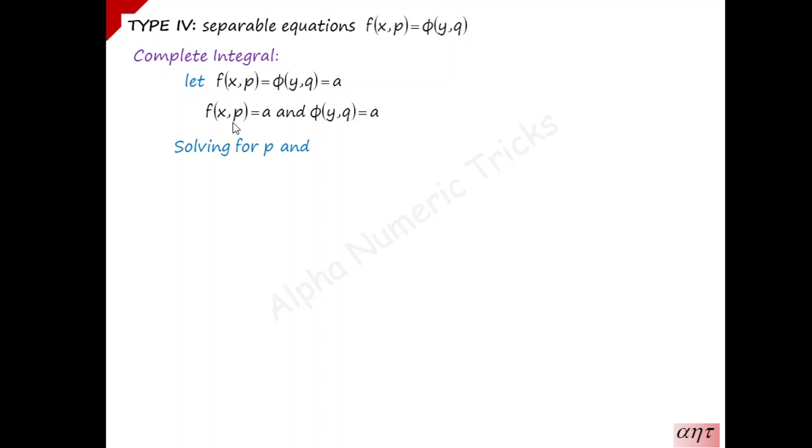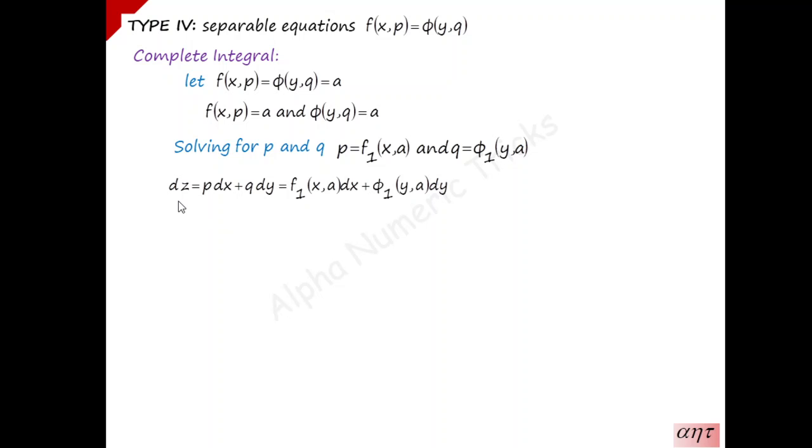So p is equal to, when taking the remaining terms to the right hand side, we get another function. When taking this right hand side alone, we don't get the same function, that is a different one. That's why we are using f1 of x comma a, and the value of q is equal to phi 1 of y comma a. And as usual, we have to substitute these p and q values in dz is equal to p dx plus q dy.